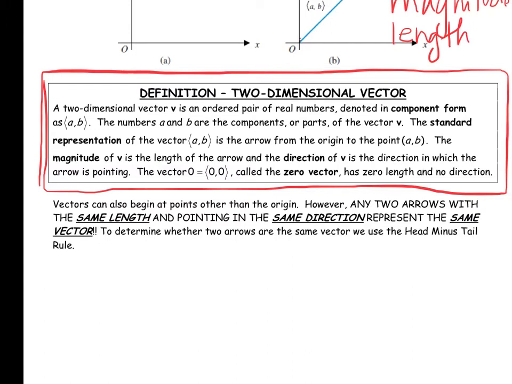Vectors can also start on different parts of the plane besides just the origin. If you think about it, again, I keep referring back to those planes. If you start on a different leg of a trip, say from DFW, and you're going to DC, flying northeast.